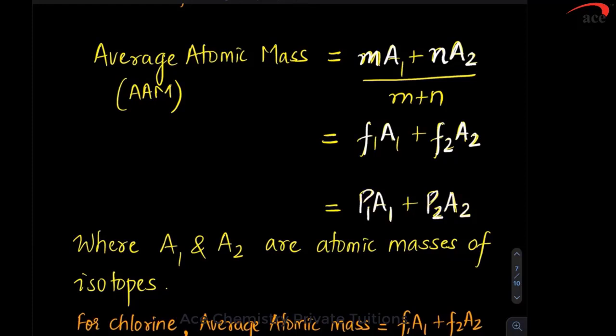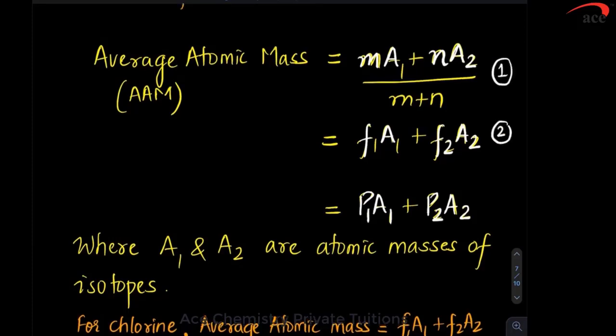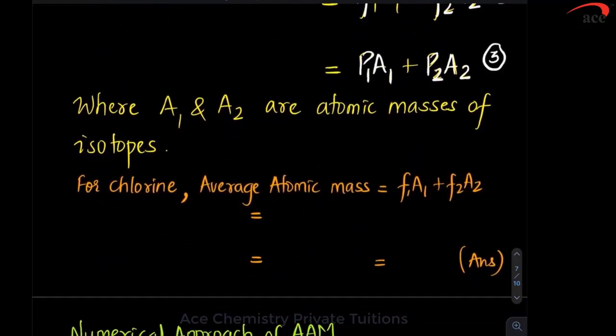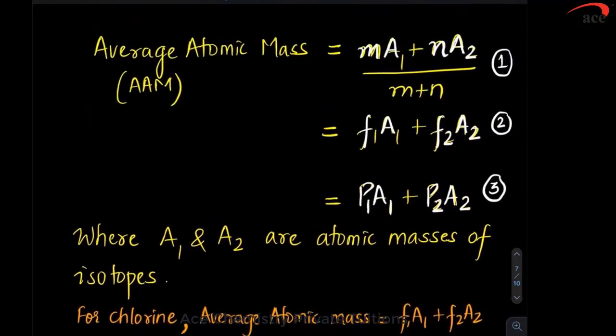P1, P2 are percentage abundances. Correct. These are the 3 formulas. Which formula you should use depends on how the data is given, or how we conveniently write that data. For chlorine, if you ask me technically, this formula will be far better.